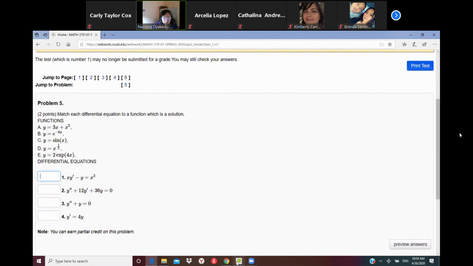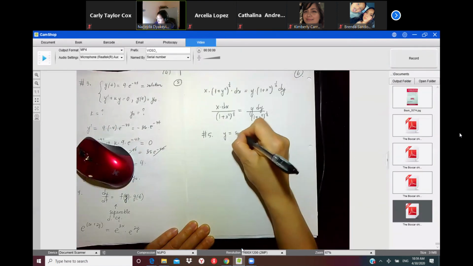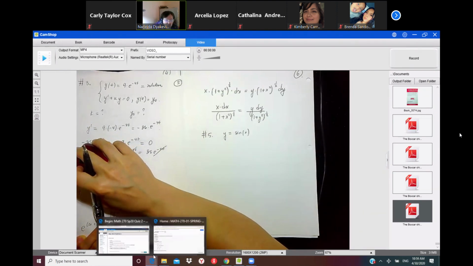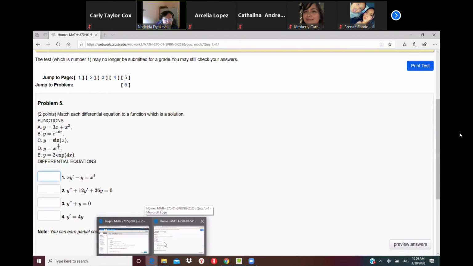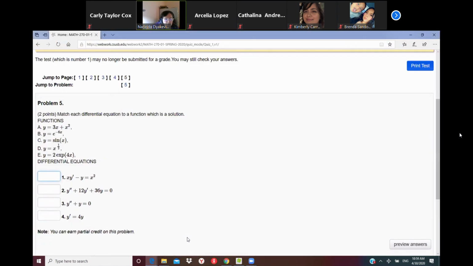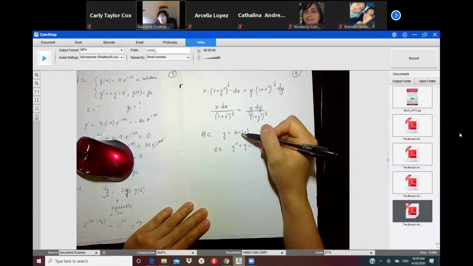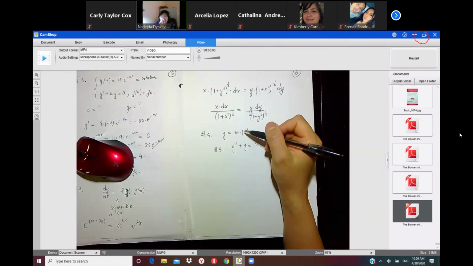So let me start over here. Our function y is sine of x. I'll just copy, I think it's probably number 3. So let me try y double prime plus y equals 0. And the reason I want to try that is because if you differentiate sine twice, you will still get sine with a minus, right?